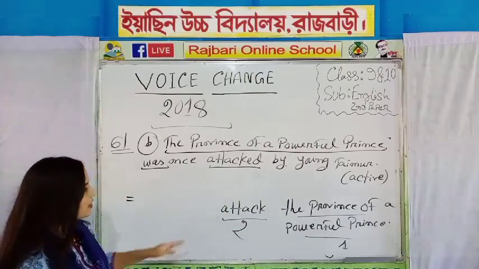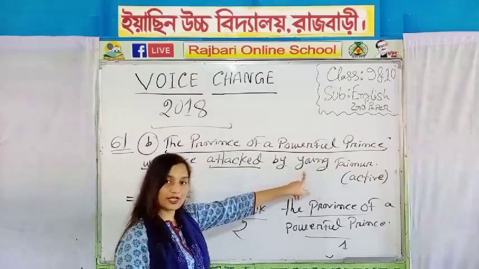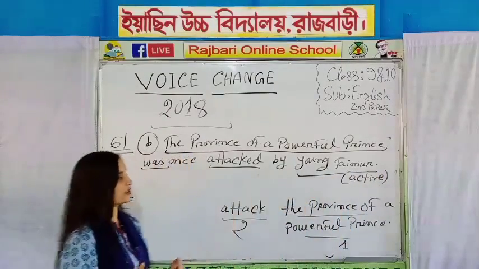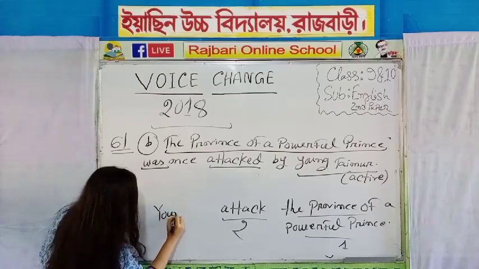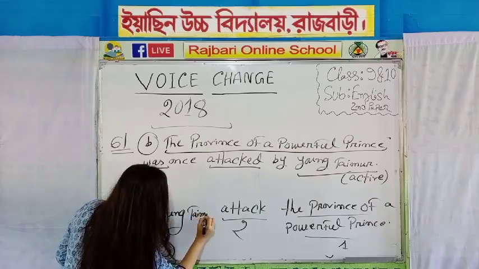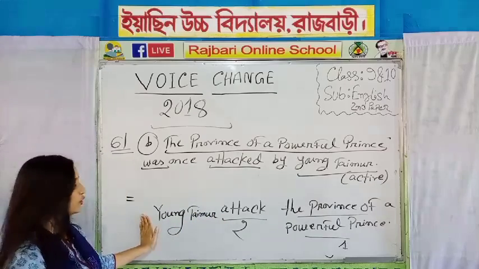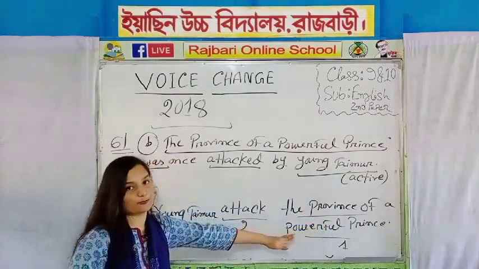Now the third step. By young Toimur. Now here it is the object. So we have to make this object into the subject. So young Toimur attack, dash, the province of a powerful prince.